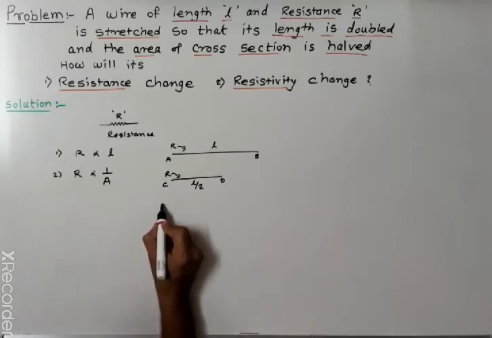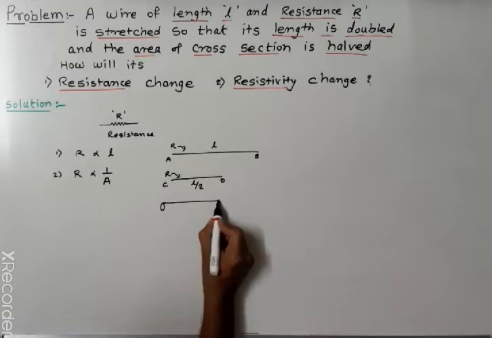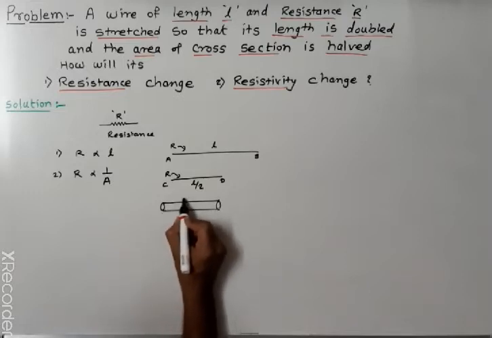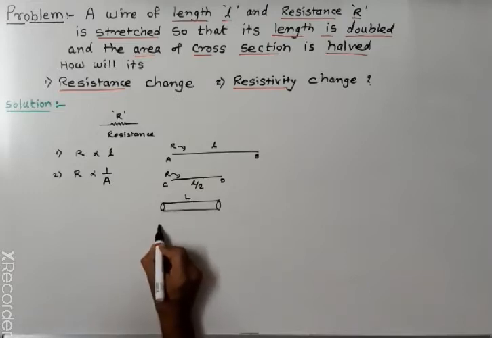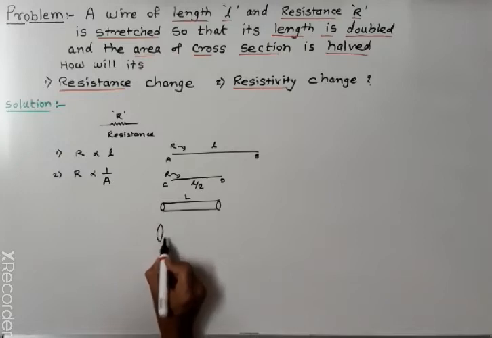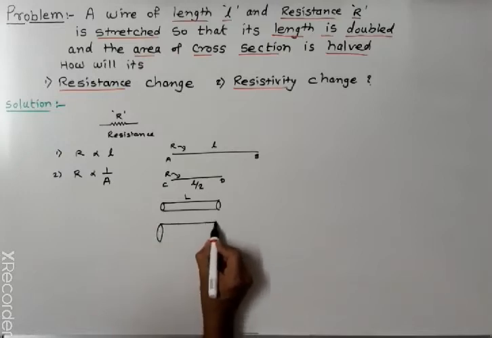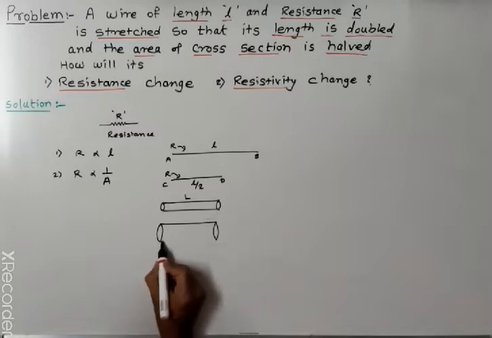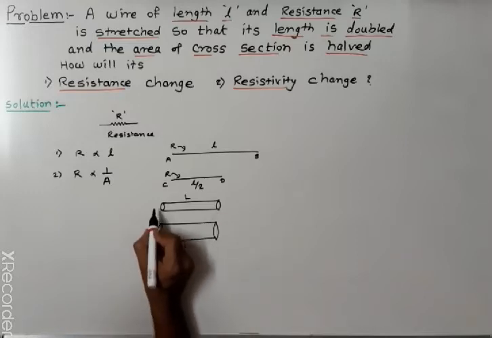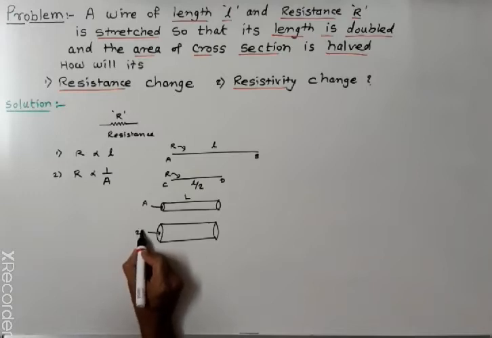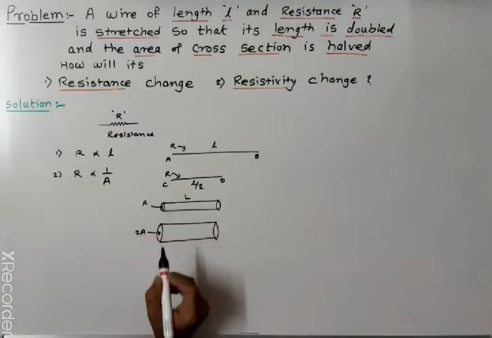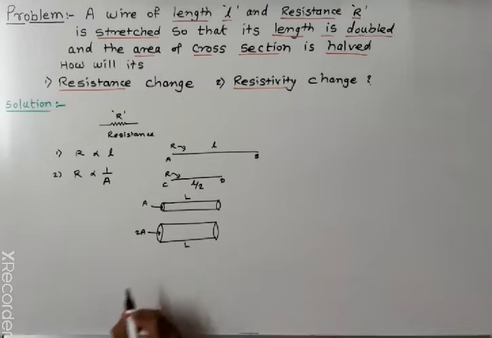Suppose this cross section area is A, and this one is 2A, double the area, keeping the length constant.